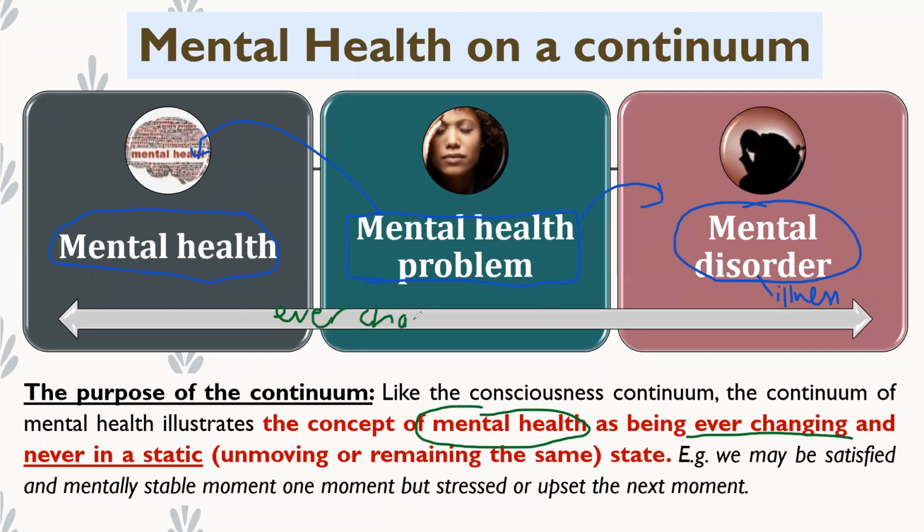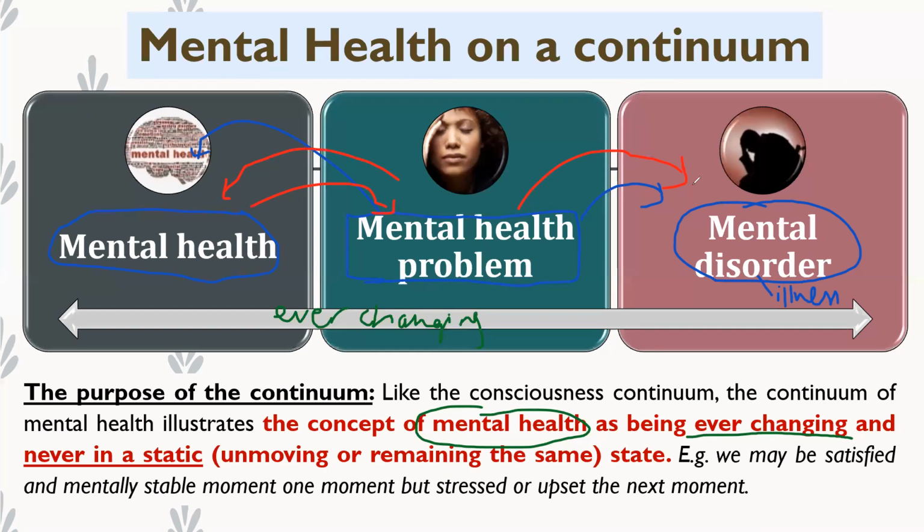Just like our consciousness, throughout our lives we shift from one state to the other. Most of us go from mental health to mental health problem and back. And a good majority of us, at some point, will even go to a mental disorder. Mental disorders are common, and as we're going to learn in chapter 12, they can stem from life events that you go through. We never really know what's around the corner.